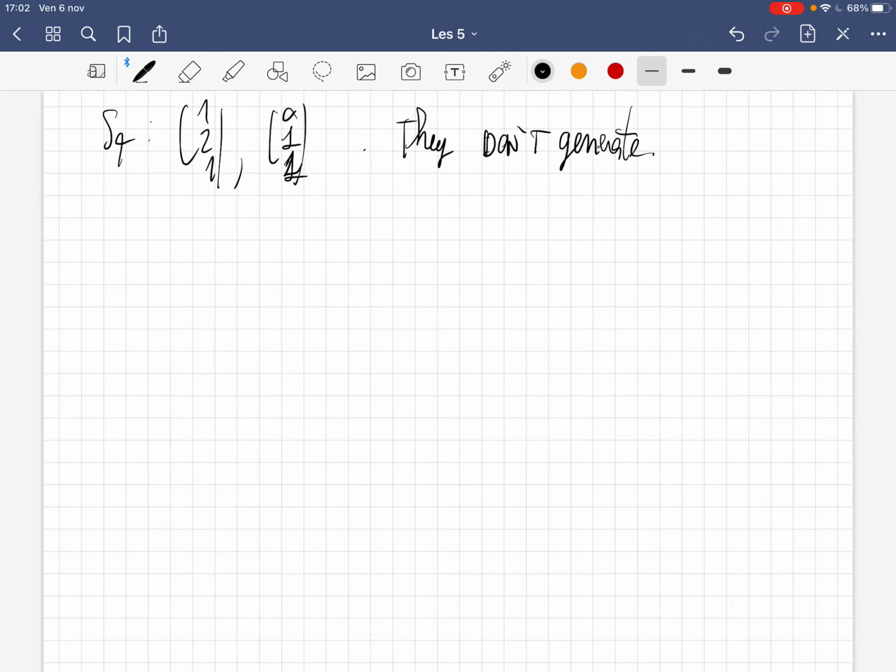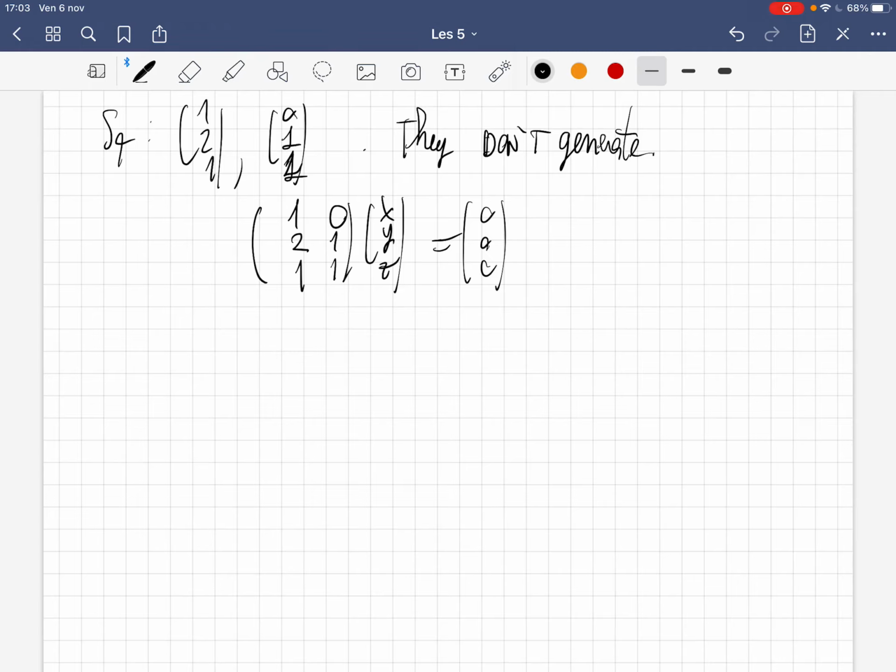What about linear independence? Well, one can check it directly. You can solve the system and look if you have just one solution.